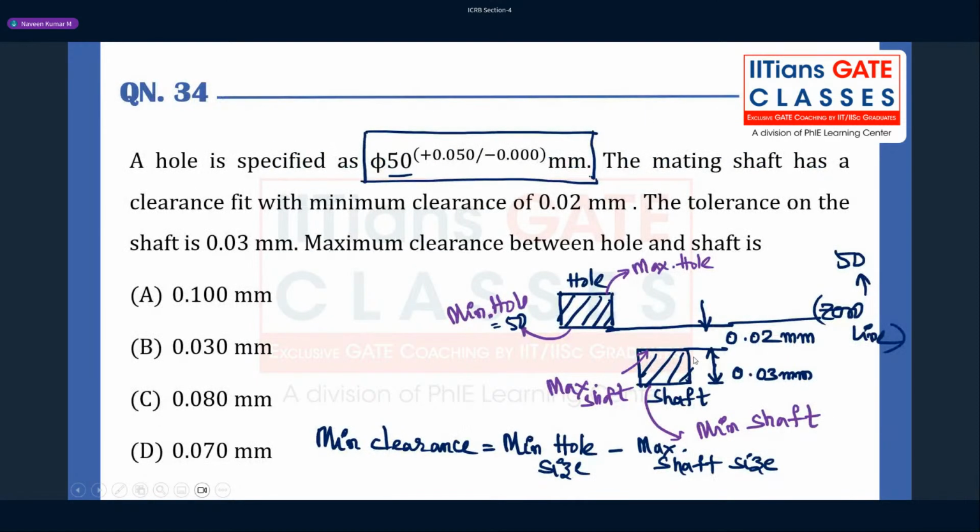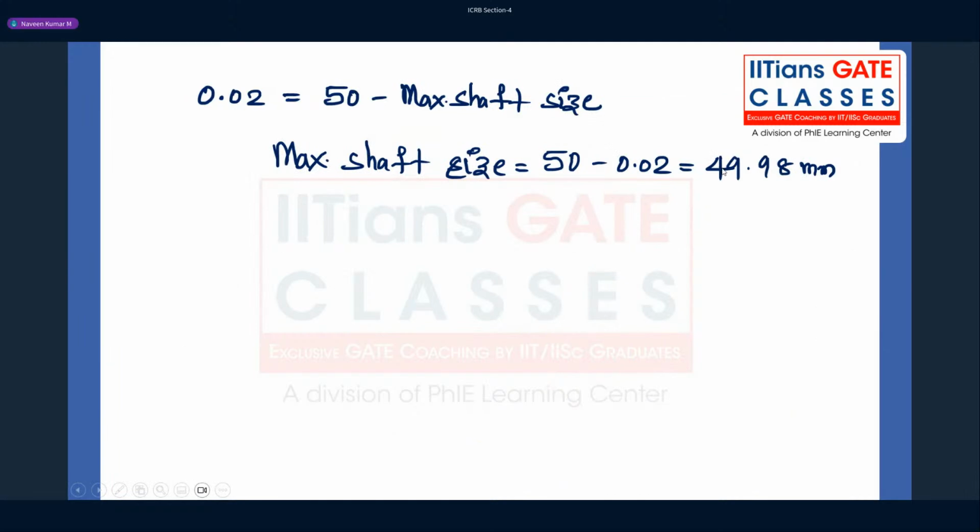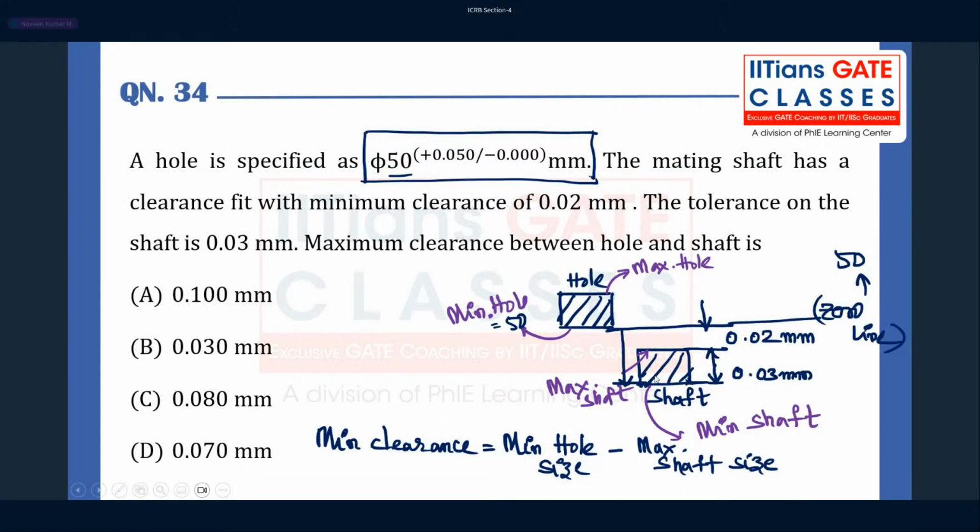Because if you do not know the maximum shaft size, we cannot find out the maximum clearance. You know the tolerance of shaft is 0.03, and now you have found that the maximum shaft size is 49.98 mm.